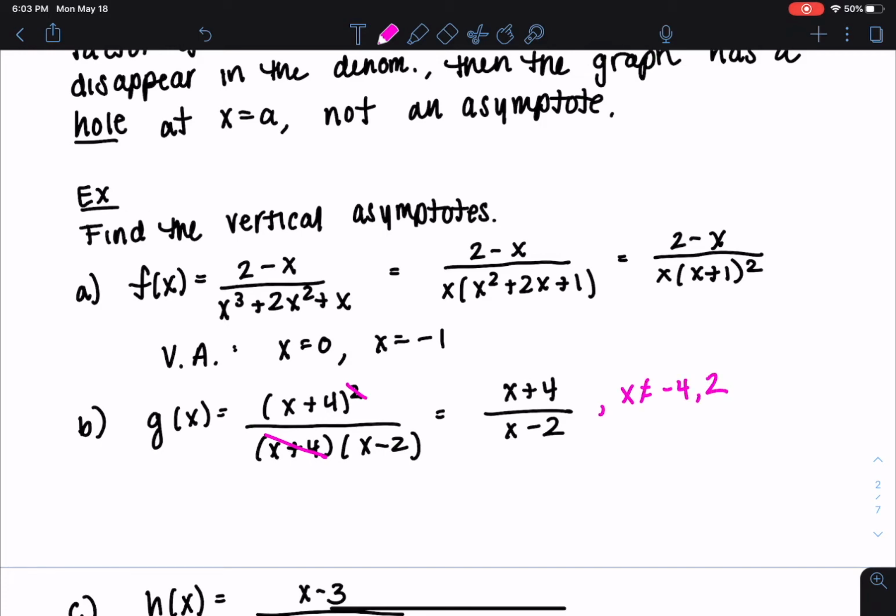These are excluded from the domain, but x equals negative 4 is not going to cause any issues because in this resulting expression, I have no issues with negative 4. So what this means is our vertical asymptote is at x equals 2, but we're just going to have a hole at x equals negative 4 instead.